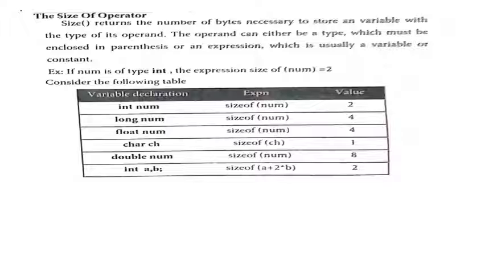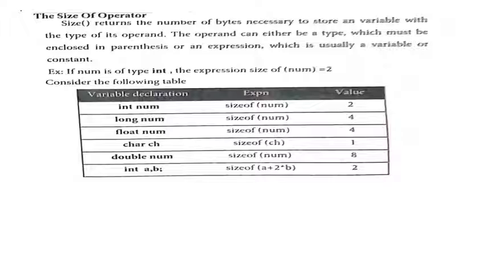See how the size will be calculated here. Variable declaration int num, sizeof(num): obviously num belongs to int, so the value is 2. Long num, sizeof(num): the size of long is 4.